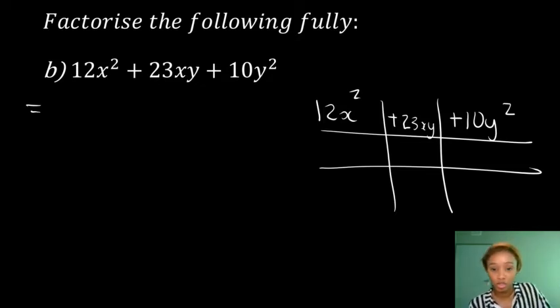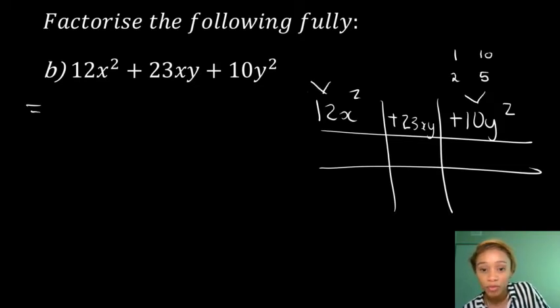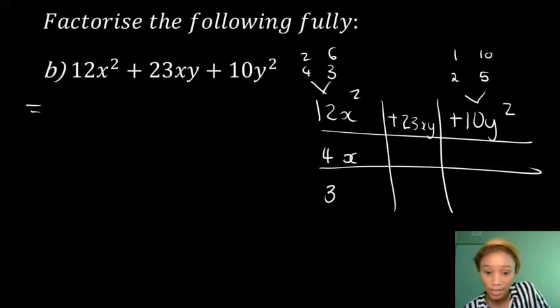One thing you should know is that each number will have quite a lot of factors. For example, 10, we can have 1 times 10, we can have 2 times 5. And for 12, we can have 1 times 12, 2 times 6, 4 times 3, right? But I'm going to go ahead with the simplest one, which is 4 times 3, and then x times x.